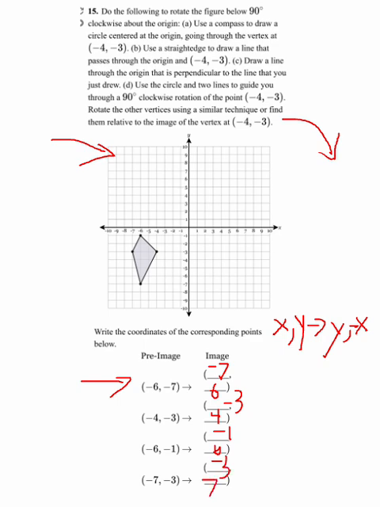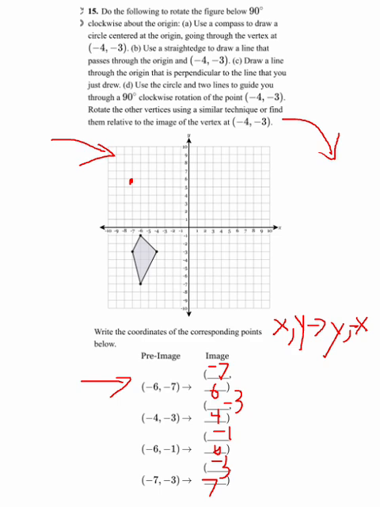All right, I'm going to plot these points so you see where the new shape is. So -7, +6. I'm going to go over here, -7. We're going to go up to +6 right here. Okay, and then we are going to plot -3, +4.